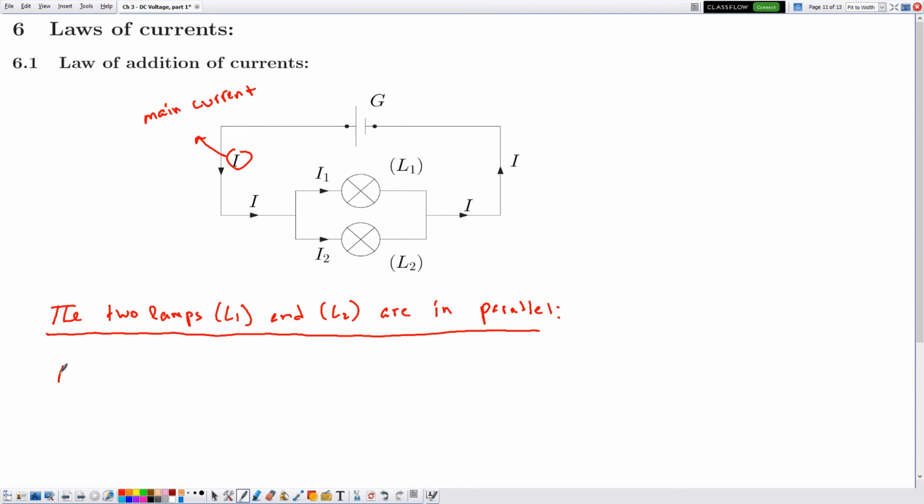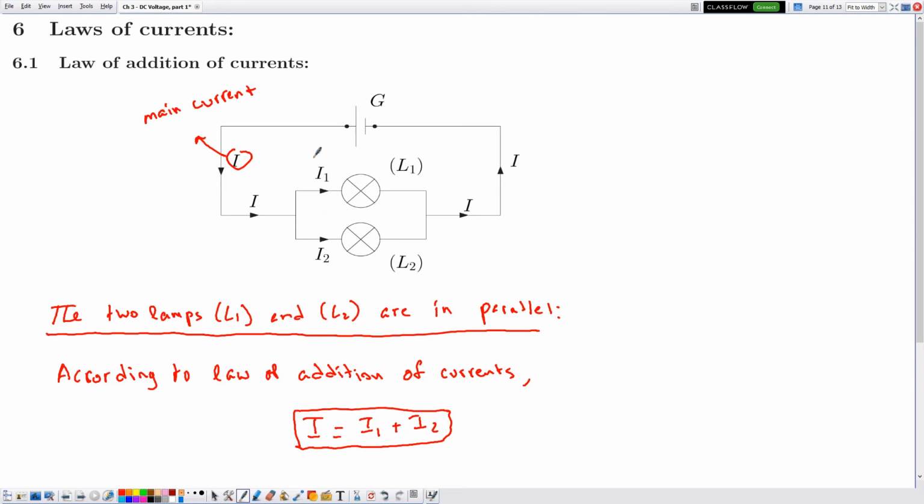Then in this case, according to the law of addition of currents, the main current I is equal to the current traversing the lamp L1, which is I1, plus the current traversing the lamp L2, which is I2.